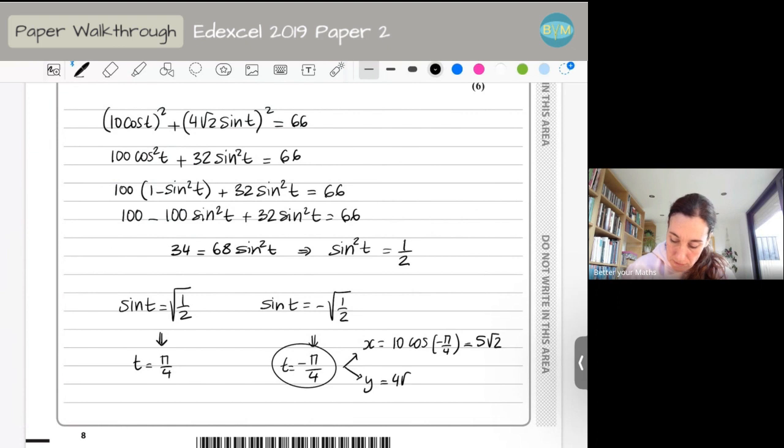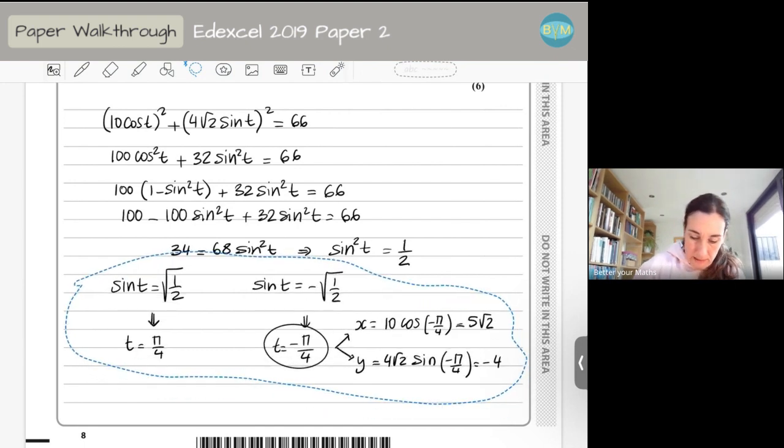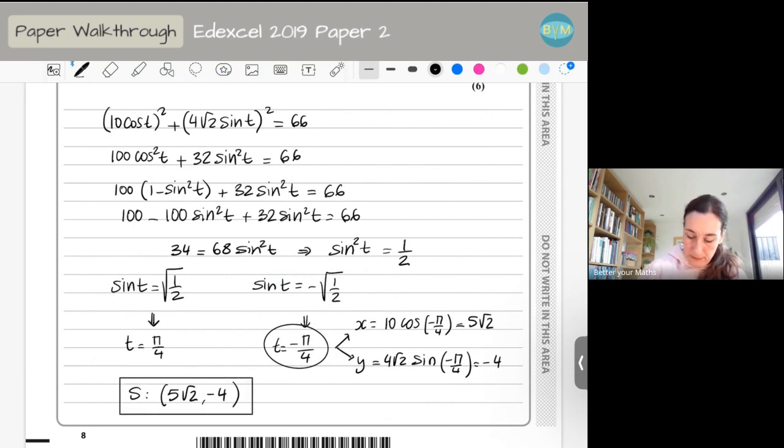So 4 root 2 sine of minus pi quarters, which is minus 4, which is what it should be. So the point S, and I would write the coordinates of S properly, is going to be 5 root 2, minus 4. Yeah? And this is it. We don't have to do anything else.